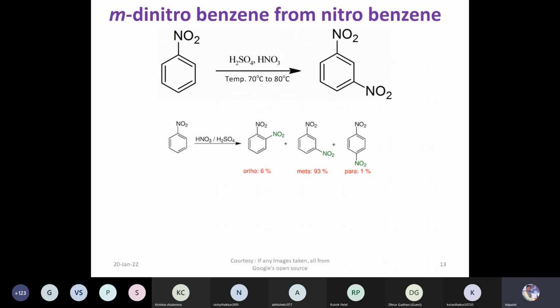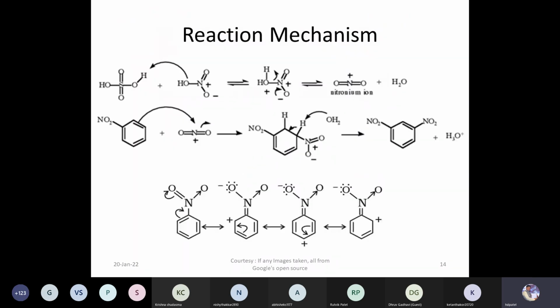Now, first of all, what do we have to do? We have to mix HNO3 and H2SO4 first. When we mix HNO3 and H2SO4, the reaction is highly exothermic. The protonation takes place and it converts into nitronium ion plus water. This reaction is highly exothermic, so we have to maintain the temperature.